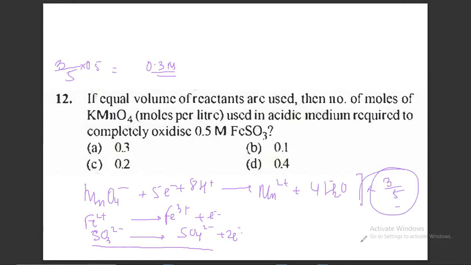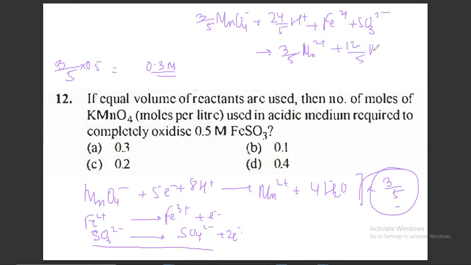So the answer gives the reaction combination, let me write here on the top, 3 by 5 times permanganate ion. I'm writing the overall redox reaction here: 24 by 5 hydrogen ion plus iron 2+ plus sulfide gives 3 by 5 times manganese and 12 by 5 times that of water.